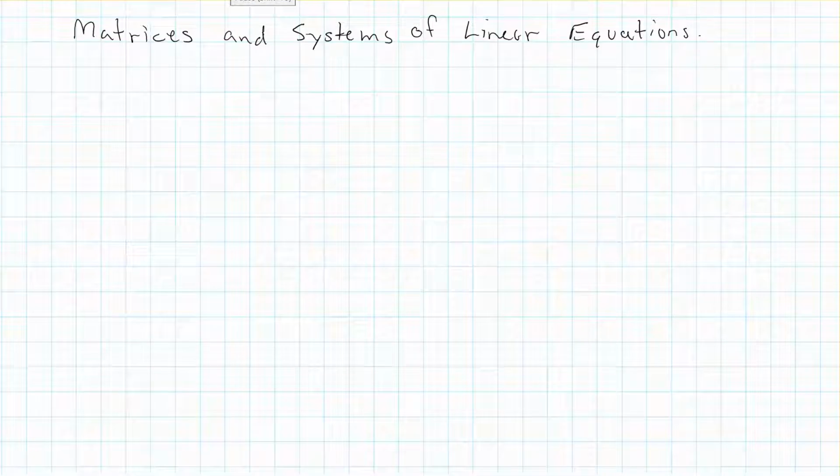Okay, now we're going to look at matrices and systems of linear equations. Matrices are definitely part of algebra, but matrices and systems of linear equations are a very basic introduction to another branch of mathematics called linear algebra.